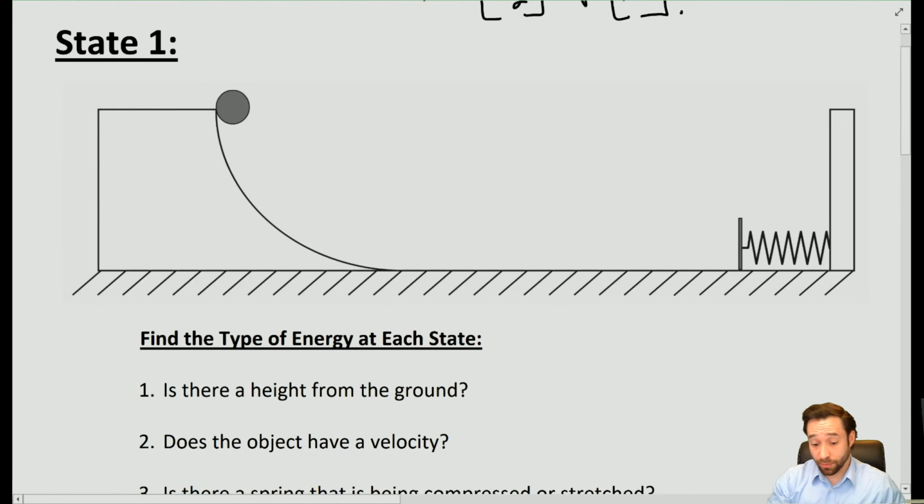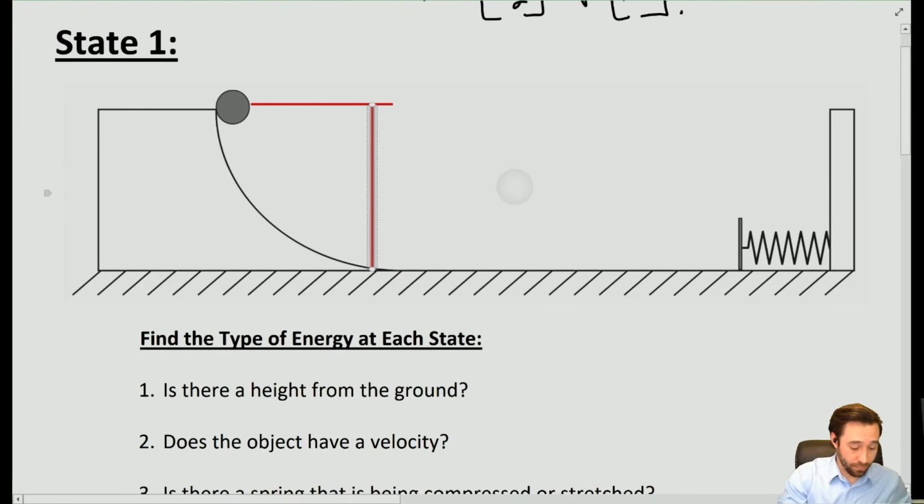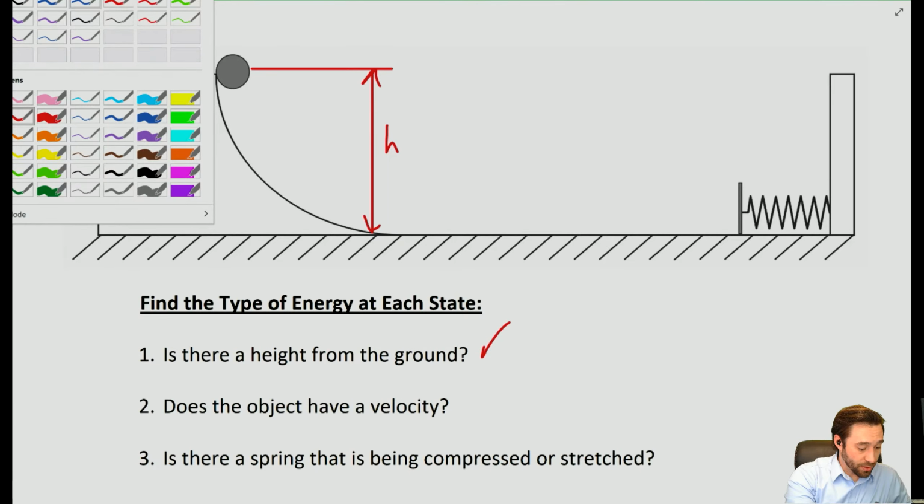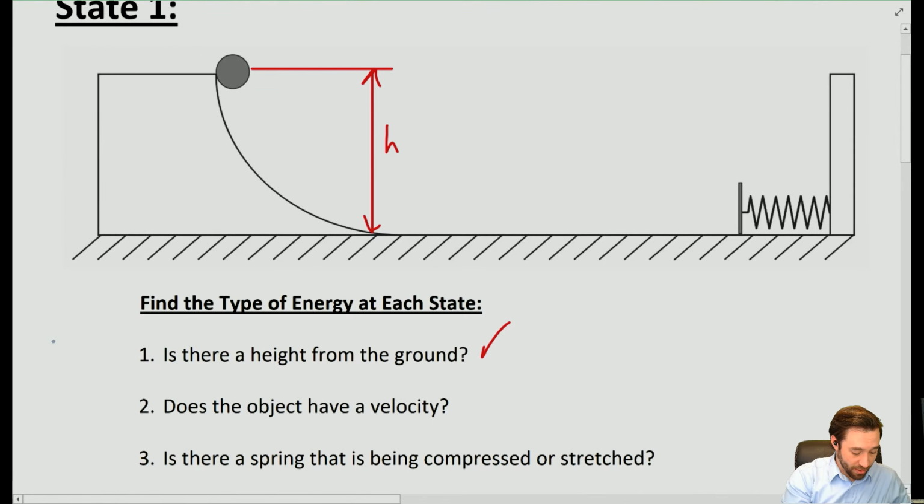I'm going to draw a line like this. That's the height of the object, and obviously there is a height from the ground. Cool. So is there a height from the ground? Yes, there is. So question number 1 is dealing with gravitational potential energy.